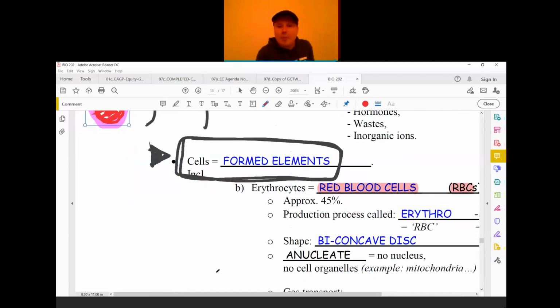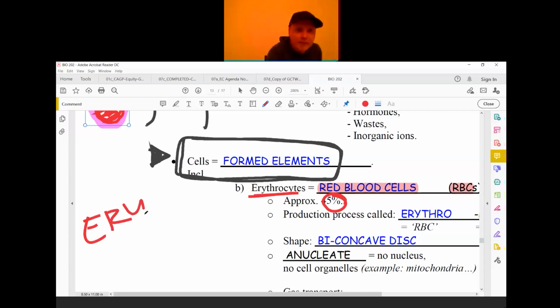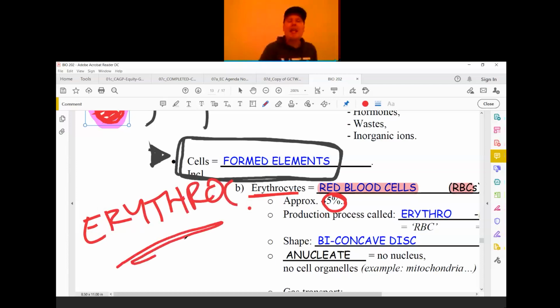And the term that I want you to know here is erythrocytes, but just because it's such an important term, I'm highlighting it here as well. So erythrocytes are the scientific name for red blood cells.